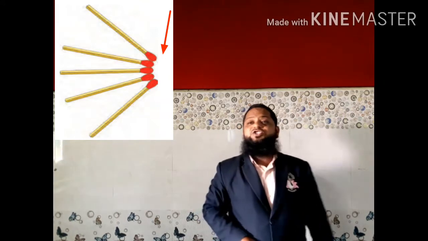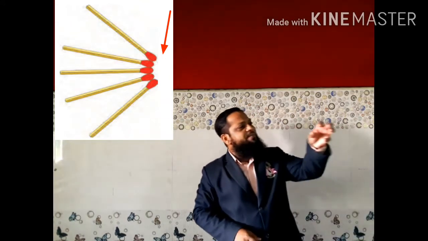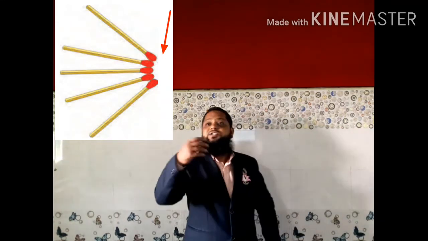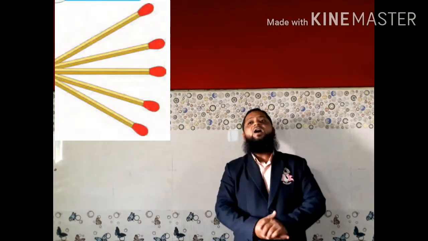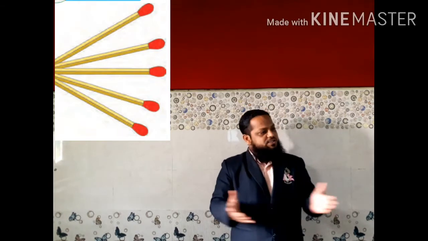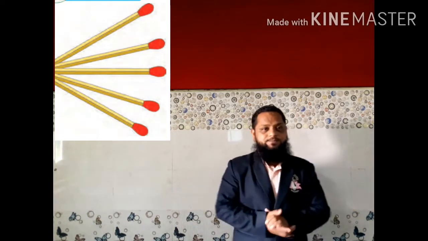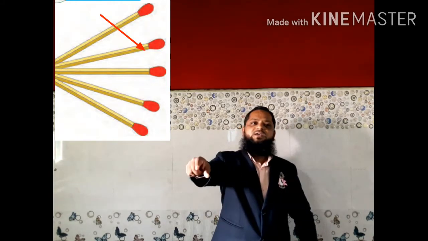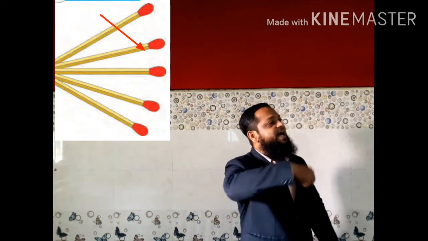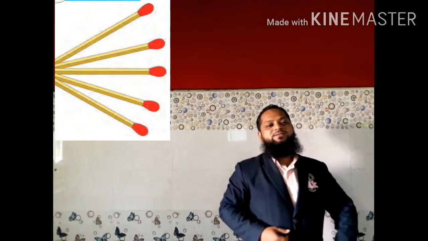In this arrangement, the heads of the matchsticks are said to have converged. Now arrange the sticks so that their uncoated ends are together at a point. The heads are separated apart. In this arrangement, the heads are diverging from the point.